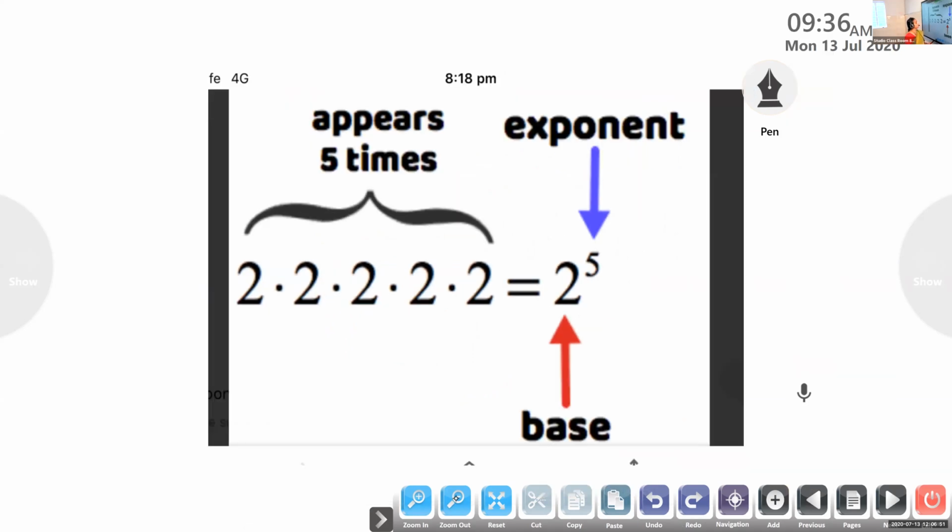Again we have 2 raised to 5. Here 5 is the exponent, 2 is the base, and 2 raised to 5 means 2 into 2 into 2 into 2 into 2. We are multiplying 2 five times.